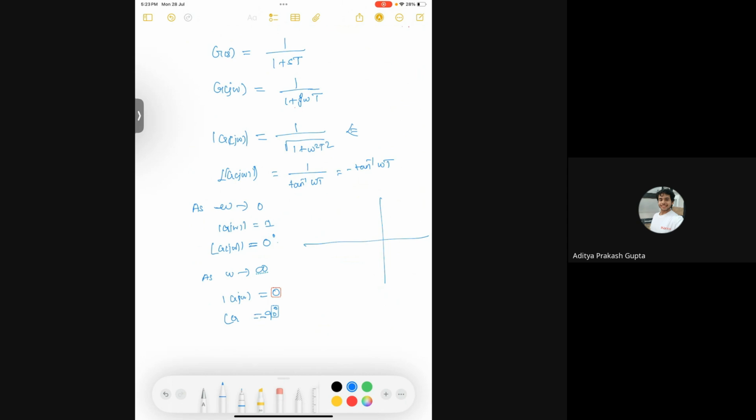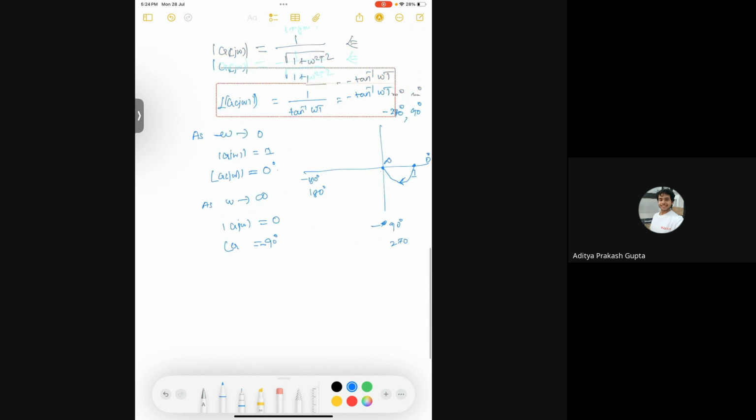So it will start at 1 with 0 degrees, and it will go toward 0 magnitude at minus 90 degrees. The plot goes from 0 degrees to minus 90, minus 180 and minus 270 degrees, which, when represented using positive degrees, would be 270, 180, and 90.